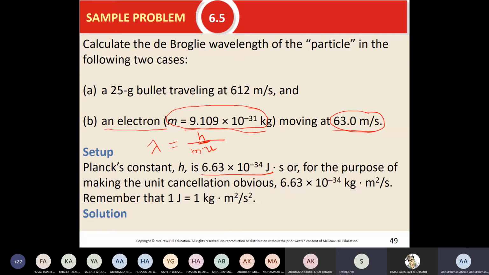0.1 multiply by 10 to the power minus 6. 1.1 multiply by 10 to the power minus 6.